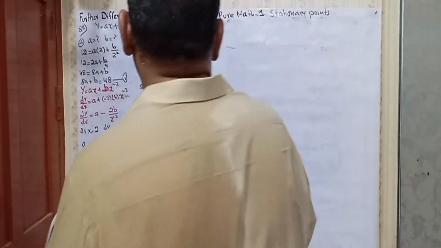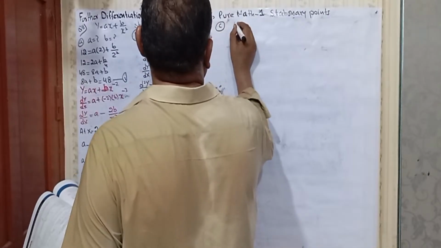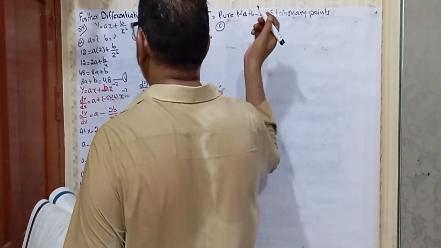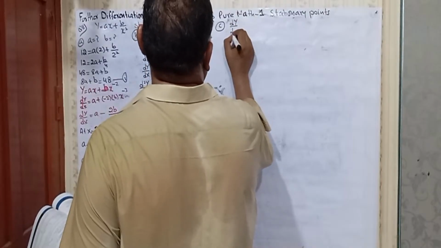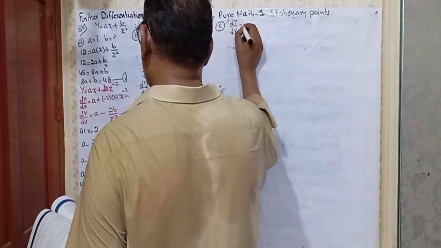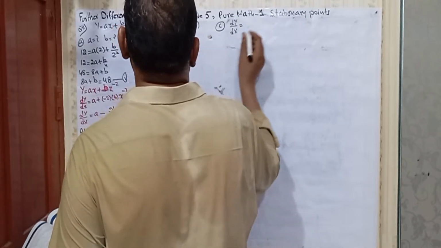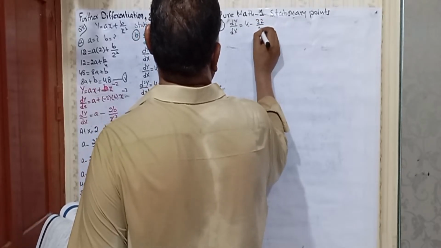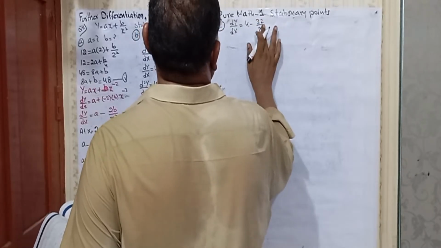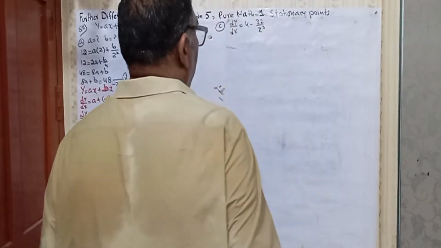This is the C part, and we know the expression for dy by dx. Dy by dx is equal to, I have found it somewhere, yes, this is the expression: 4 minus 32 by x cubed. Okay.